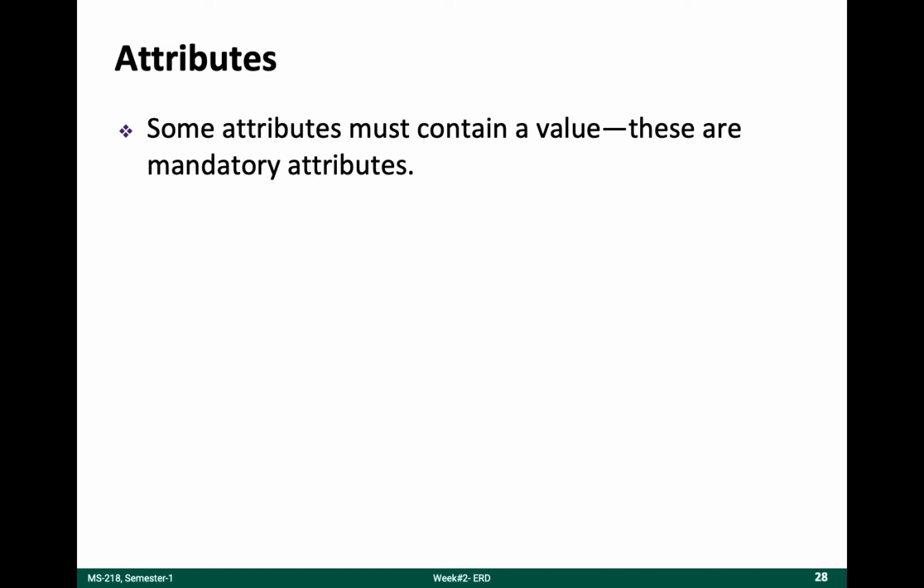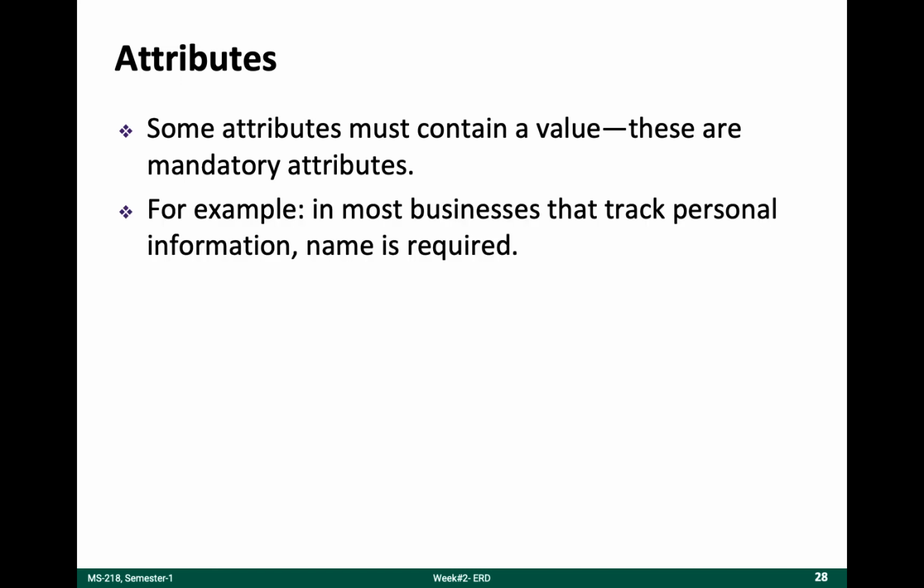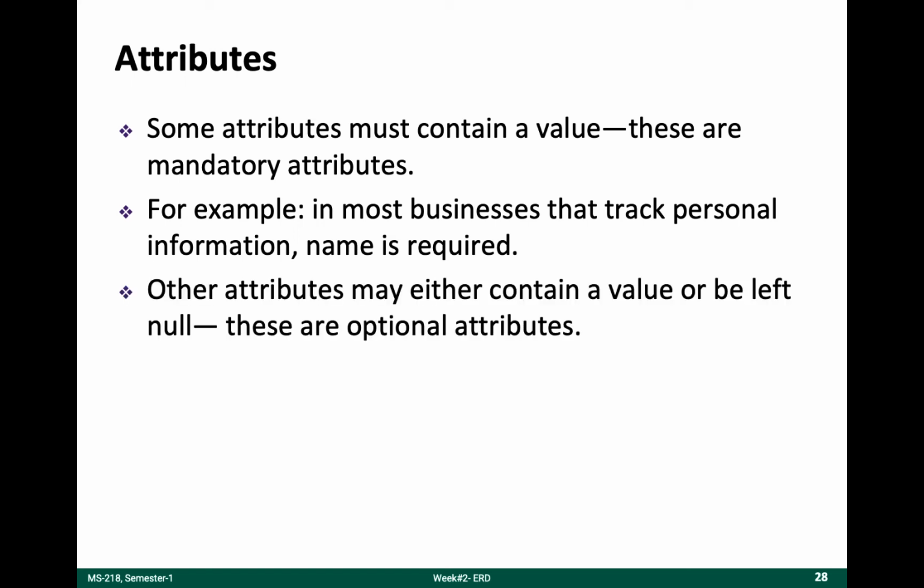But phone number, okay, it's fine if someone does not have a phone number or cell mobile. I can leave it blank, right? So this could be optional. So there are some mandatory attributes and some that could be left null or blank.